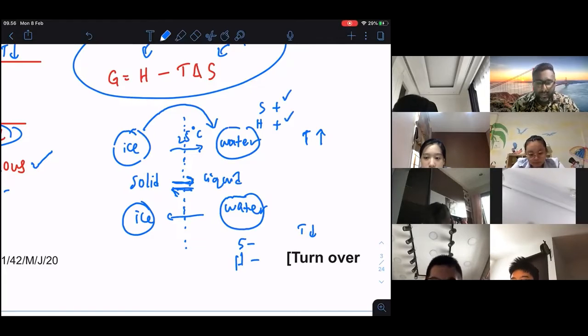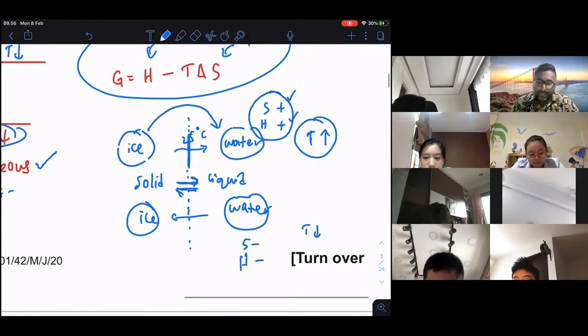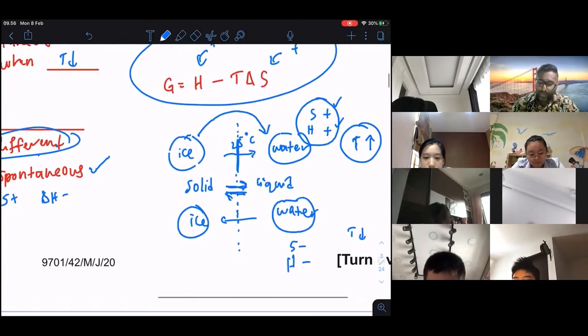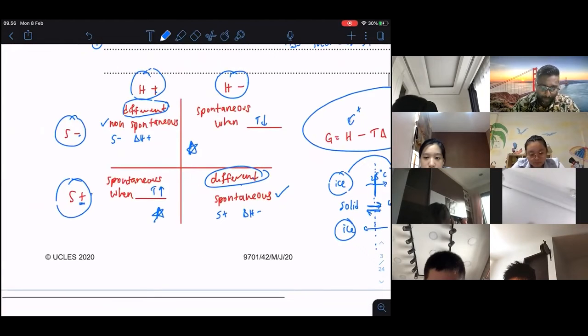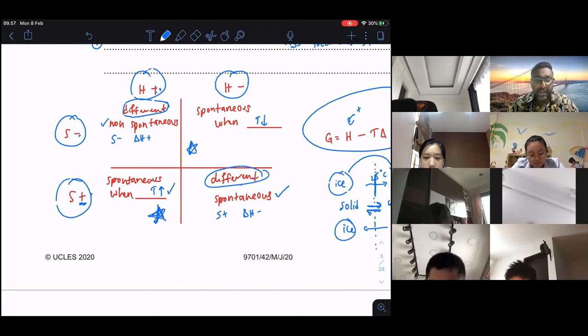In order to do this, you need to have a higher temperature than what? 25 degrees, must be more. So if you want to change ice to become water, you can predict using that. So positive and positive, temperature is high, you can see here, positive and positive, this quadrant will only be spontaneous when temperature is higher.